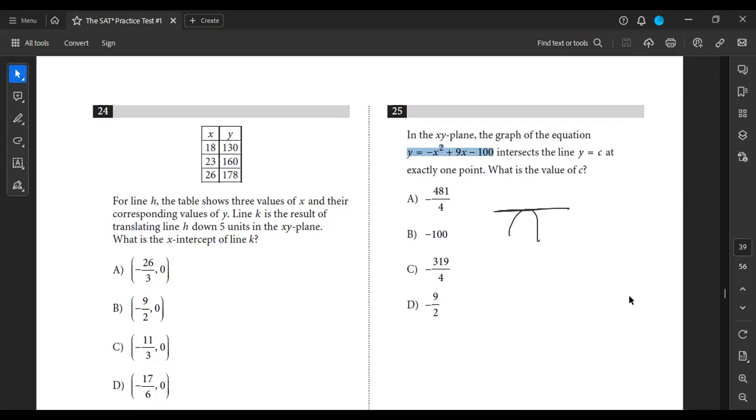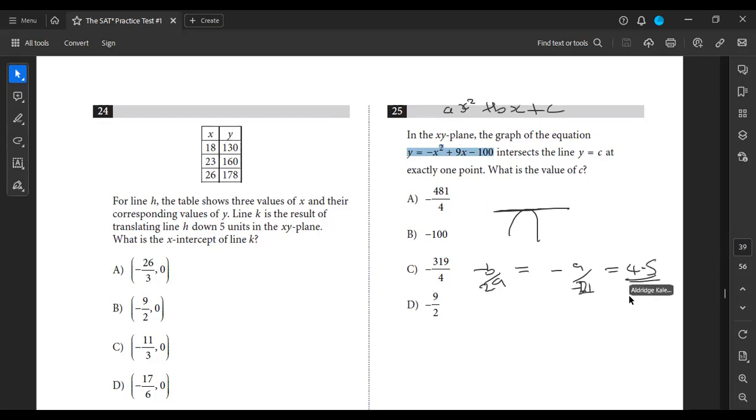Exactly. Okay, let me teach you guys a shortcut. Remember ax squared plus bx plus c. You get negative b over 2a. So negative 9 over 2 times negative 1 would be negative 2, and our answer is 4.5.